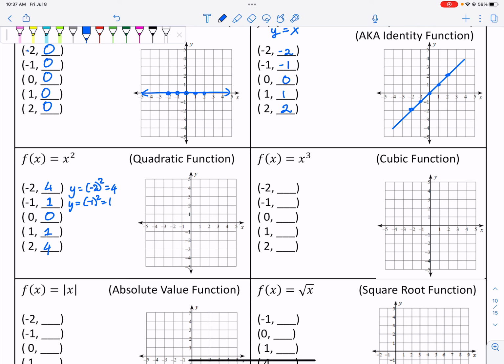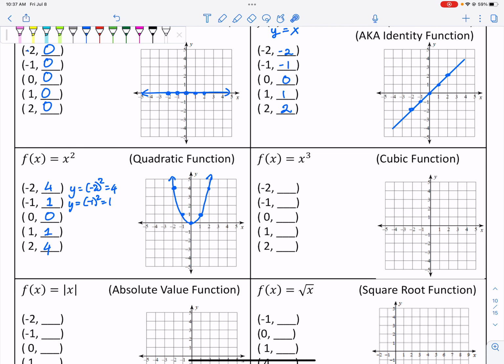Plot the points: negative 2, 4; negative 1, 1; 0, 0; 1, 1; 2, 4, and then draw the graph going through these points. This is what the graph of a quadratic function looks like. It's kind of like a U. And again, we will be performing transformations, which means we may be flipping it over the x-axis or moving it up and down, left and right.